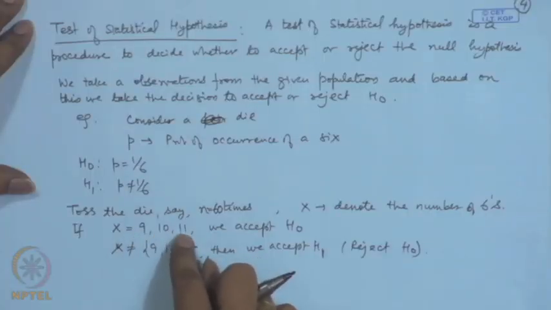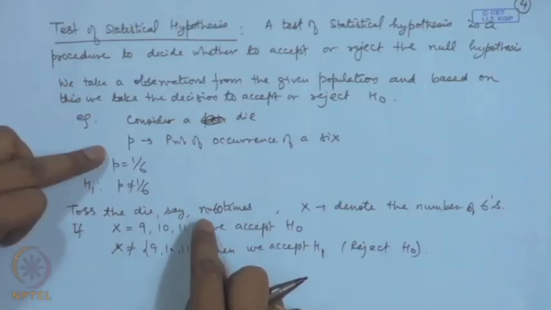For example, if x is equal to 9, 10, 11, then we accept H naught. It does not mean that p is equal to 1 by 6. It simply means that based on our test procedure, we are in favor of hypothesis H naught.